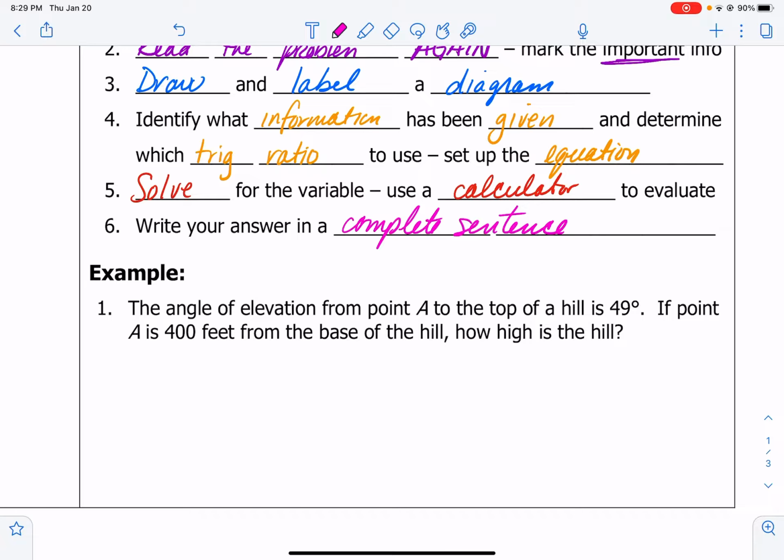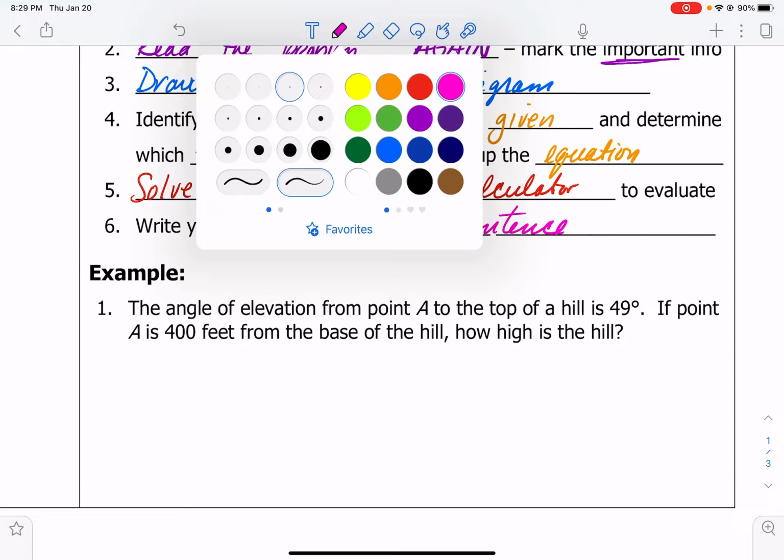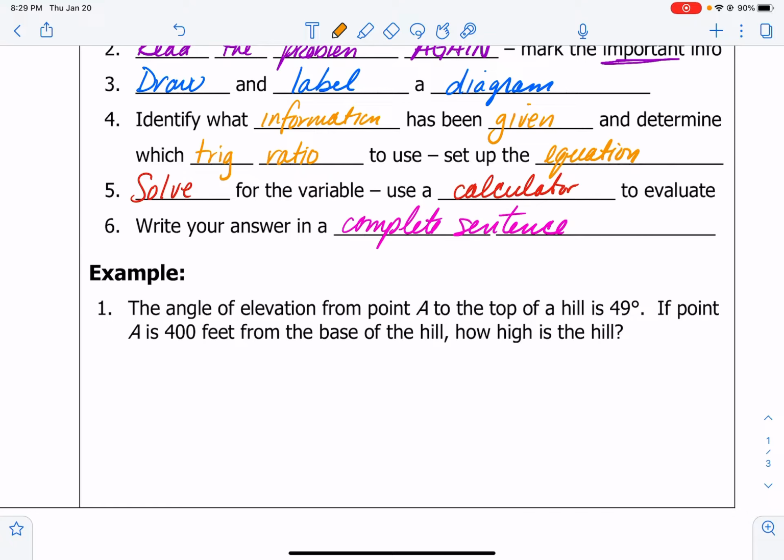So let's look at these problems. So we're going to read it. The angle of elevation from point A to the top of a hill is 49 degrees. If point A is 400 feet from the base of the hill, how high is the hill? So I like to draw the picture first. So I have point A here, and then I have a mountain.